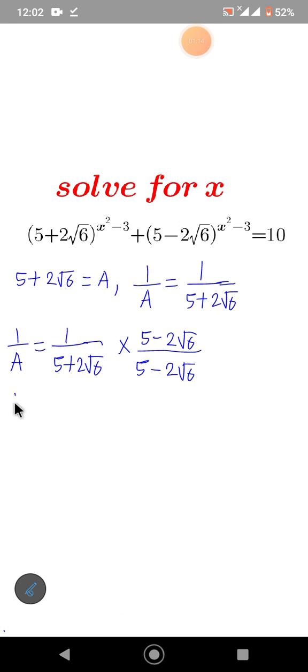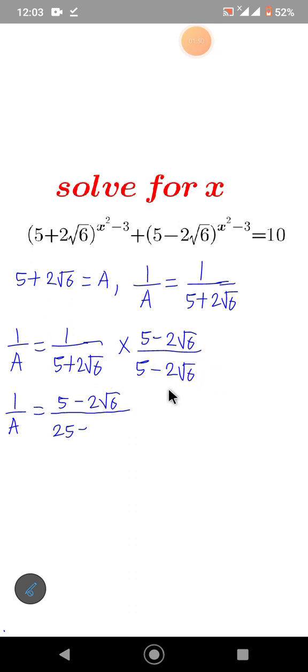Now we say 1 all over a will be equal to 1 will multiply this. Now we have 5 minus 2 root 6 all over. Now this denominator here is a difference of two squares, which means 5 times 5, that's 5 squared, which is 25, minus 2 times 2, that's 4, then root 6 times root 6 will give us 6.